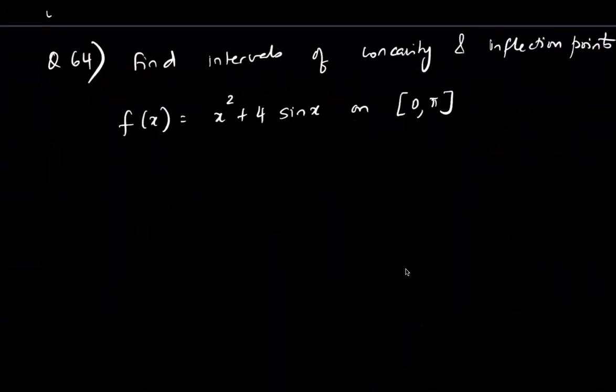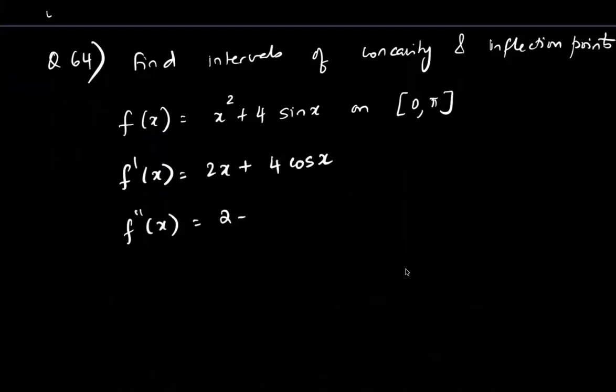Okay, so now we move on to finding intervals of concavity and inflection points. All right, so first take the first derivative, take the second derivative, set the second derivative equal to 0.